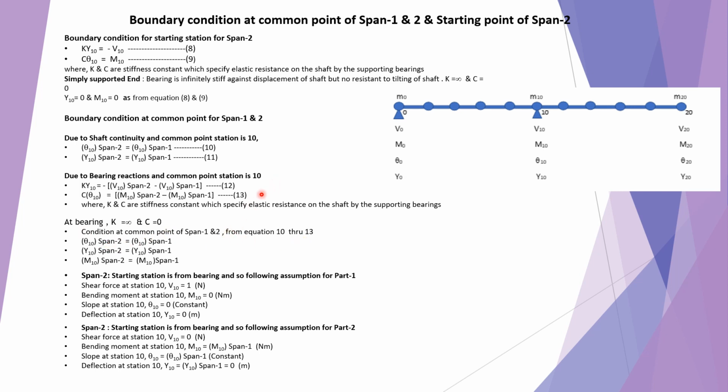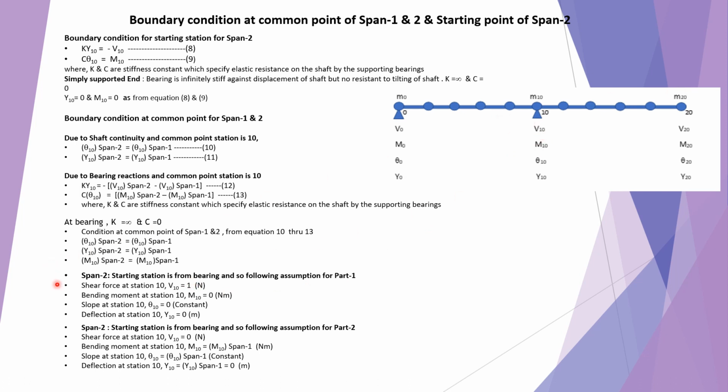From equation numbers 10, 11, 12, 13, we can write theta 10 span 2 is equal to theta 10 span 1, Y10 span 2 is equal to Y10 span 1, which is 0, and M10 span 2 is equal to M10 span 1. So these are the conditions for station number 10 for both spans.